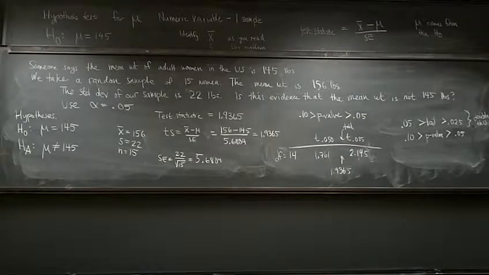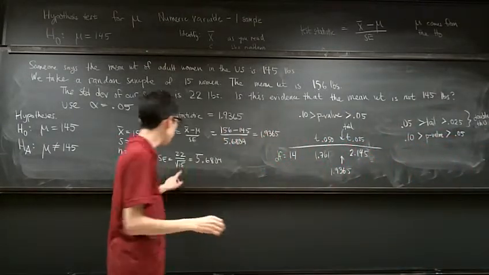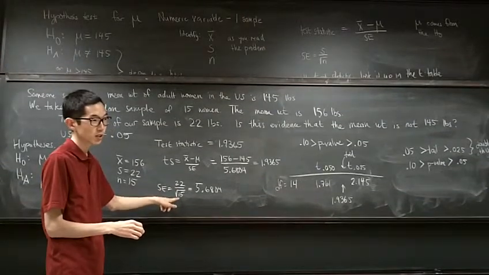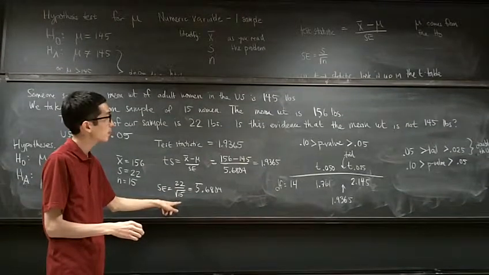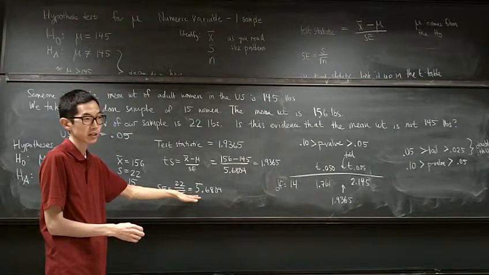Any questions? So I did s over the square root of n. So I did 22 divided by the square root of 15, and I got 5.68. You should just get that when you punch it in your calculator.